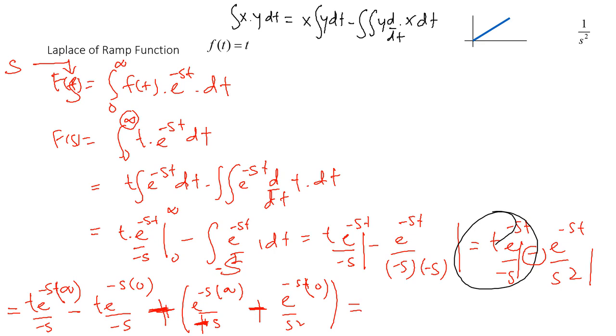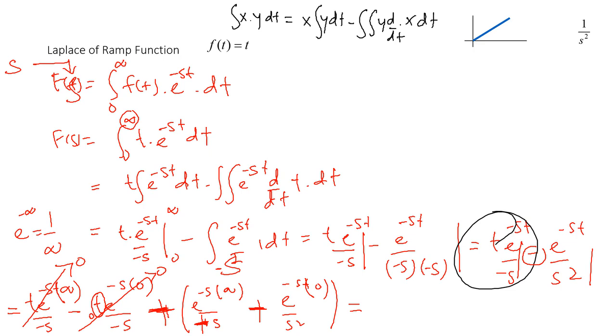Now let's examine this thing. It is e power minus infinity. So e power minus infinity is 1 over e power infinity. So this thing has become 0, and here t is 0 with it. So this whole expression has become 0 due to this single t. Okay, so we are left only with this third term and fourth.